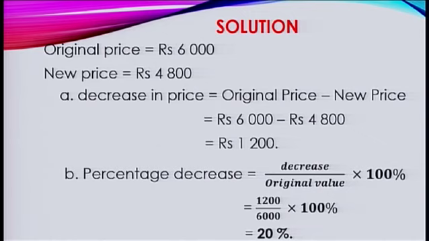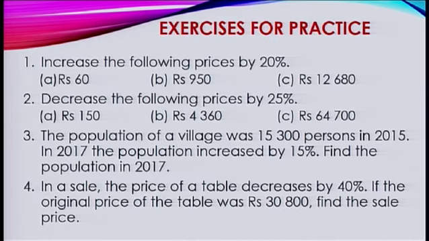We now move on to a few exercises for you to practice. Question 1. Increase the following prices by 20%. Question 2. Decrease the following prices by 25%. Question 3. The population of a village was 15,300 persons in 2015.